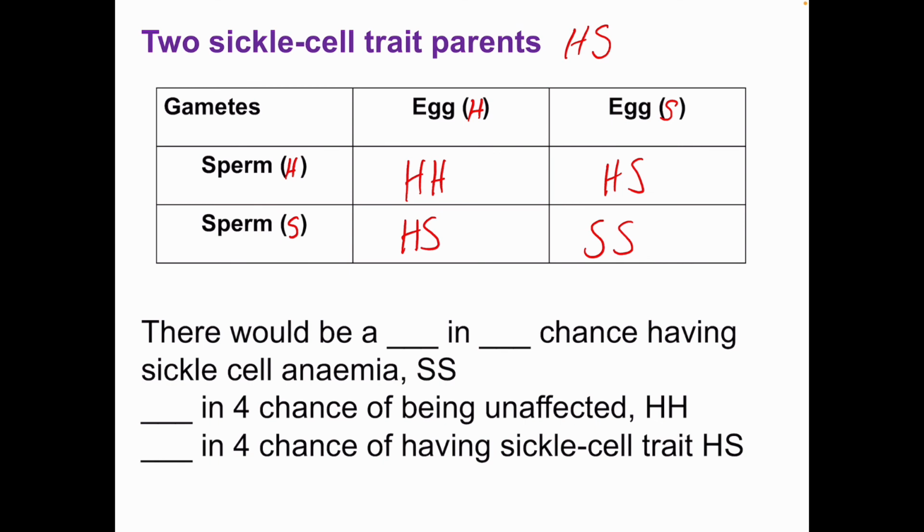So there would be a 1 in 4 chance of a child having sickle cell anemia, a 1 in 4 chance of the child being unaffected, and a 2 in 4 chance, or a 1 in 2 chance, of the child having sickle cell trait.